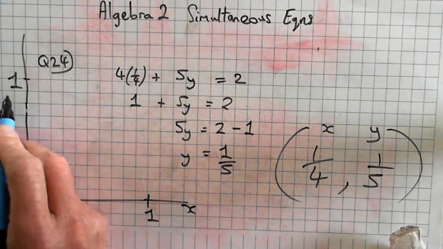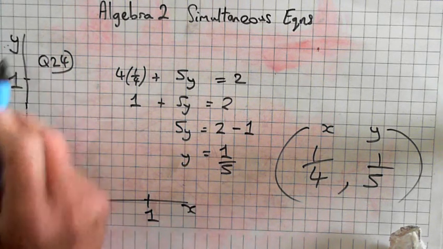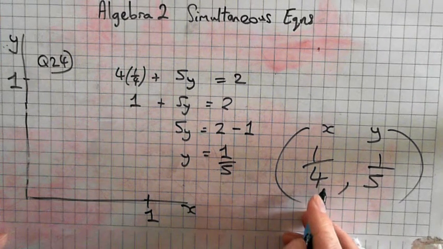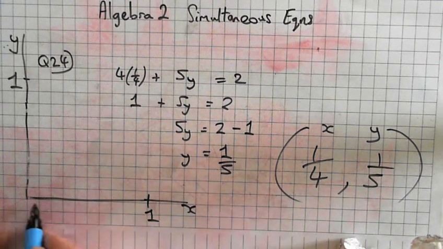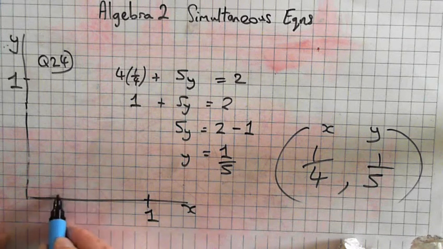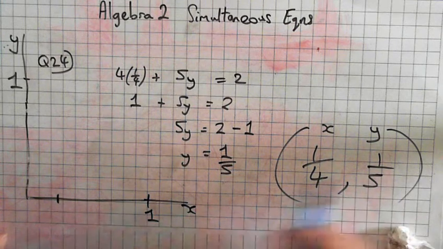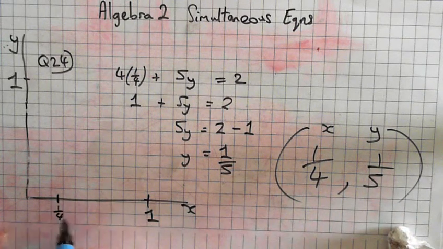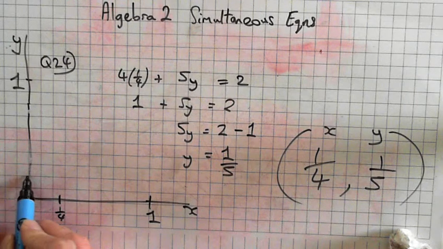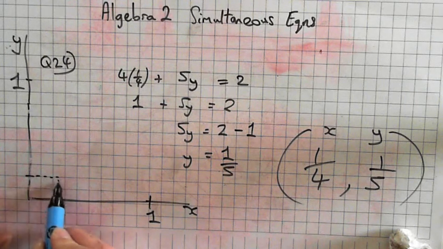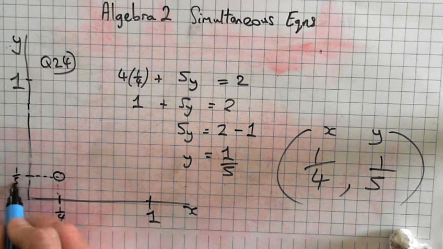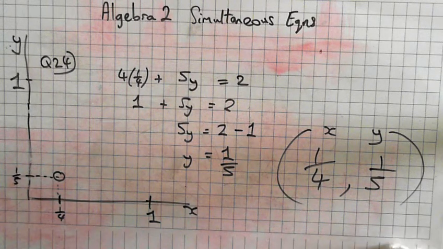That's the x and that's the y. So a quarter. What's roughly a quarter, around the quarter is, that's half. So a quarter is about here on the x-axis. And then a fifth is up 2, isn't it? So it's that point there. A quarter along and up a fifth on the y-axis.